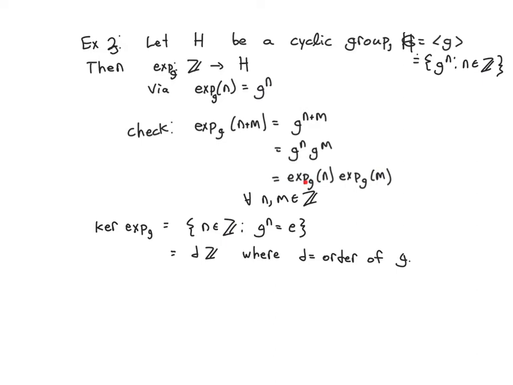But that's the definition of our homomorphism applied to n times our homomorphism applied to m. So here, it's worth pointing out, this plus was the group operation in our domain. This times is the group operation in our codomain. So we do in fact see that we have a group homomorphism.